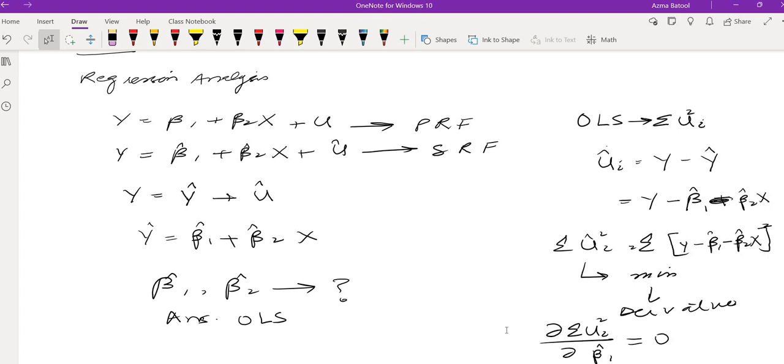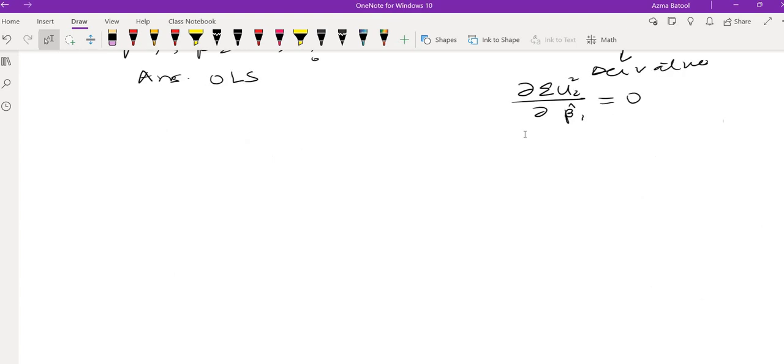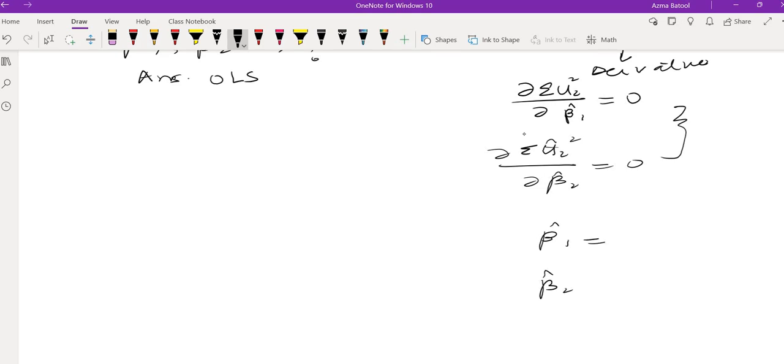And then what we do? Partial of summation u i hat square over partial beta 2 hat equals 0. And from these two equations, what do we get? We get beta 1 hat and beta 2 hat. So first let's take beta 2 hat.